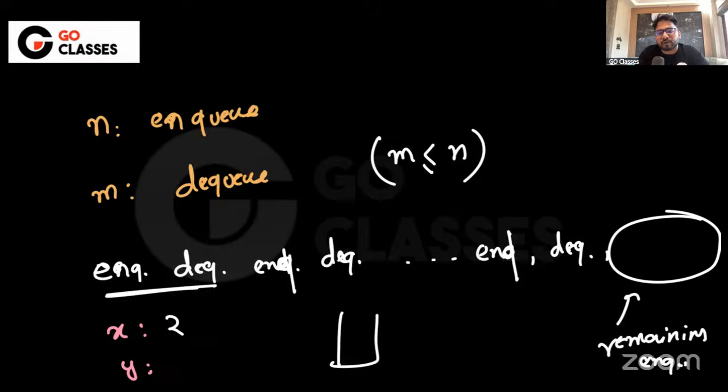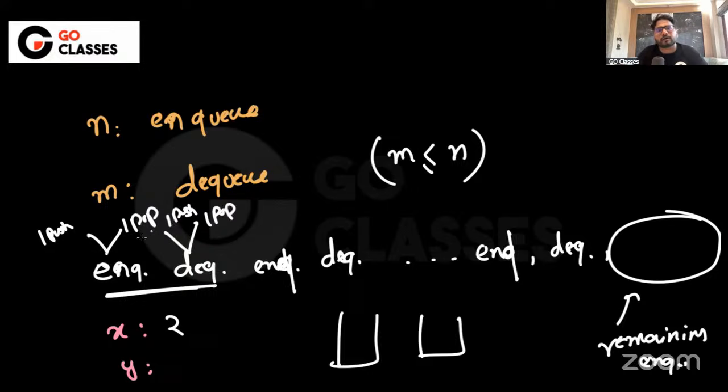Or in other words, for every NQ there is one push, one pop. I'm counting two in the sense that there are M DQs that I want to have.